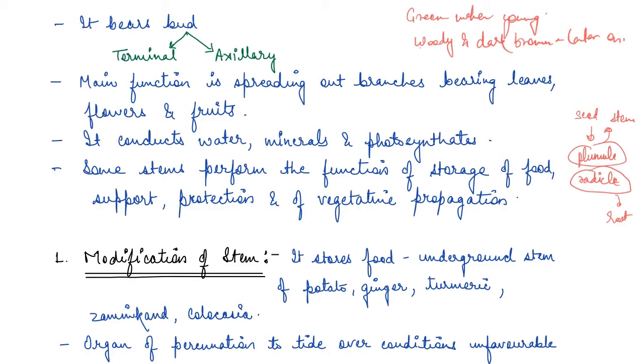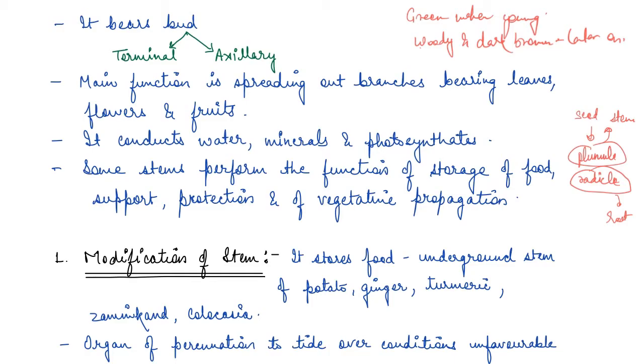Now some stems even perform the function of storage of food, right? So as in the case of root as well, we saw that apart from getting nutrients from soil or giving a hold to the plant, it also performs other functions like storage of food.